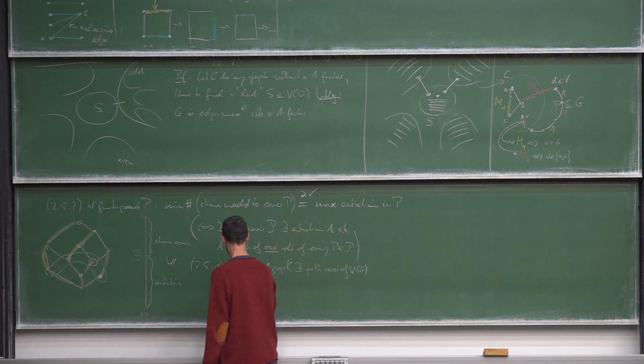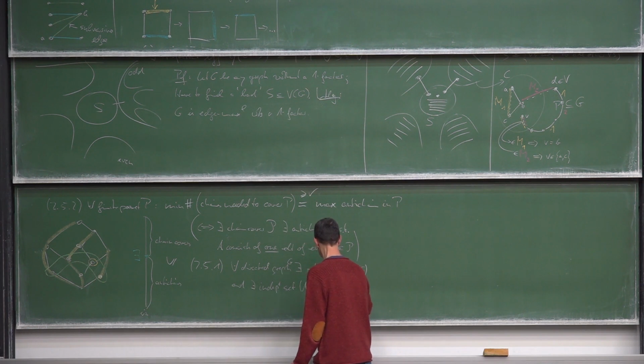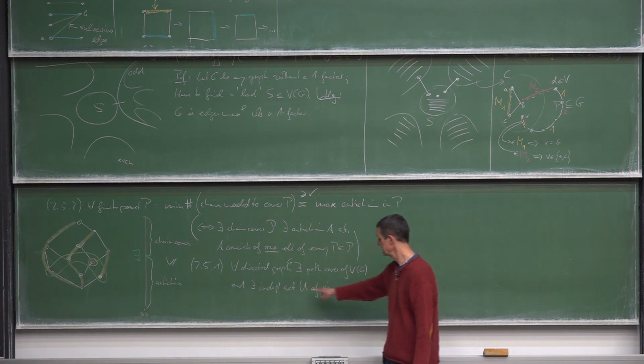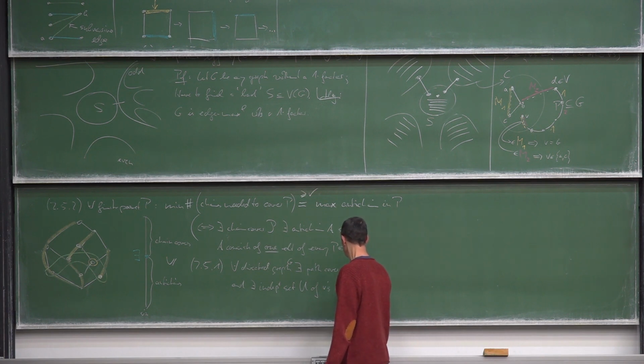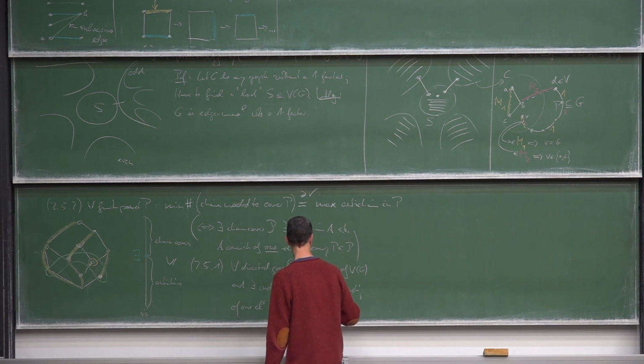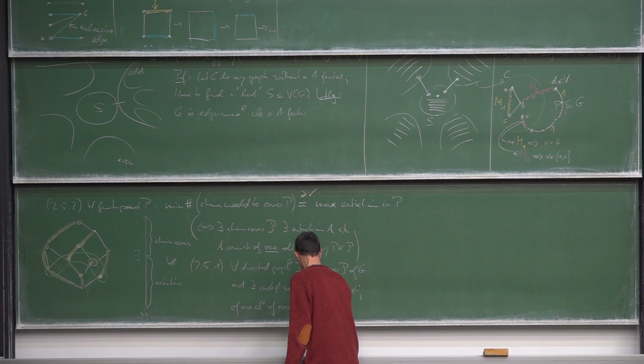And there exists an independent set of vertices, so a set U of vertices such that there are no directed edges between vertices of U either way, consisting of one element of every P in the path cover.